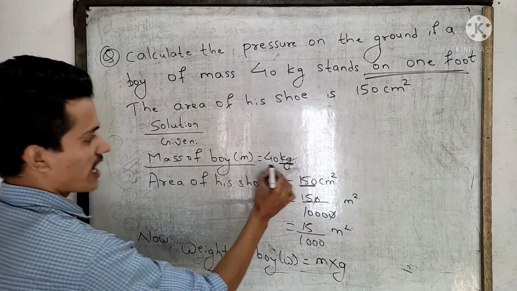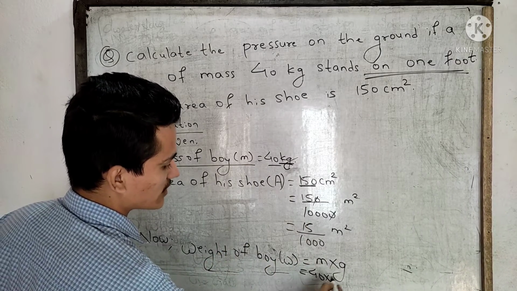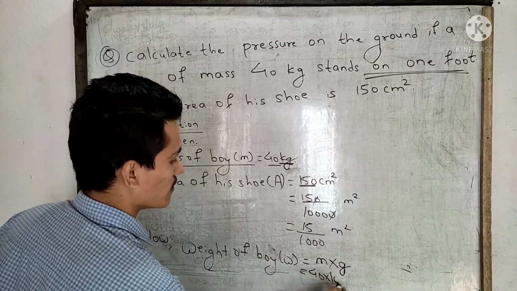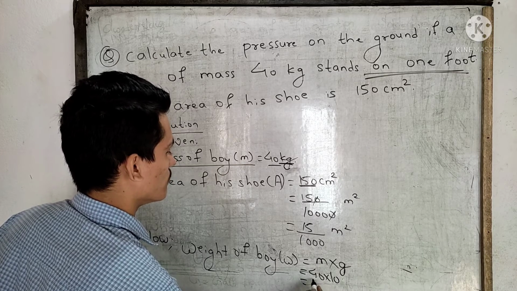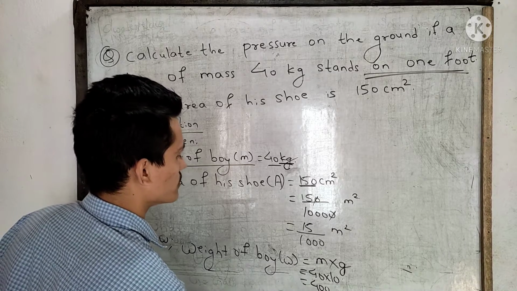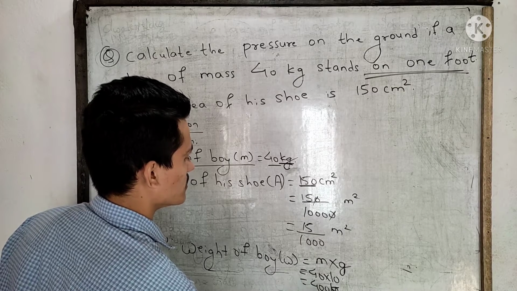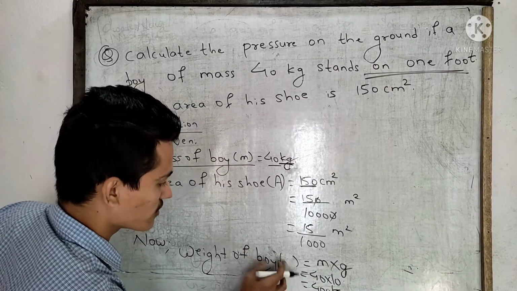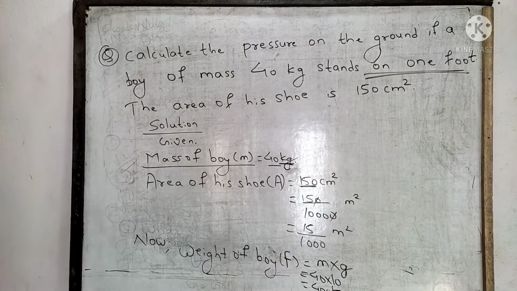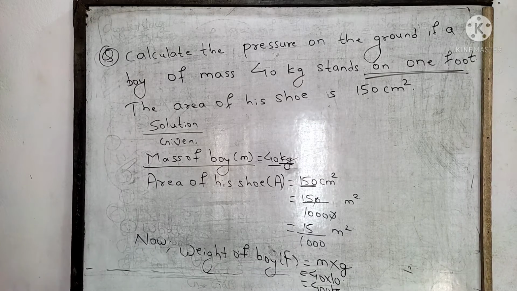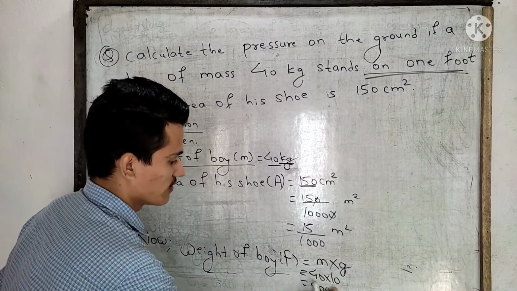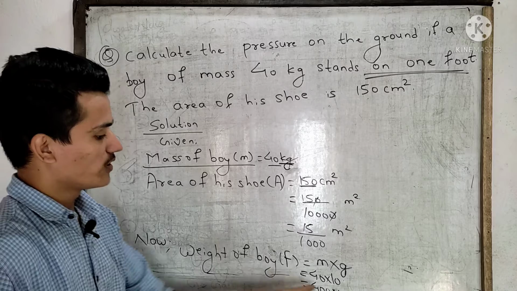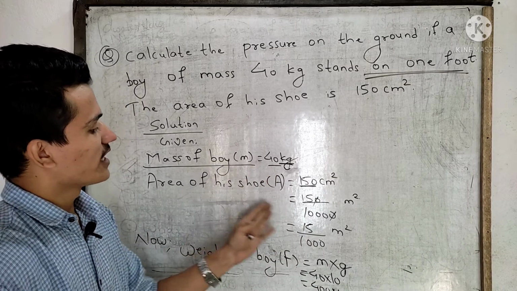M is 40 and g we simply take as 10 for the sake of calculation. 40 into 10 is 400. 400 is the weight of the boy. Simply write F for this weight. Weight of boy is 400, sorry, not kg but Newton. Weight of boy is 400 Newton, area is this much.